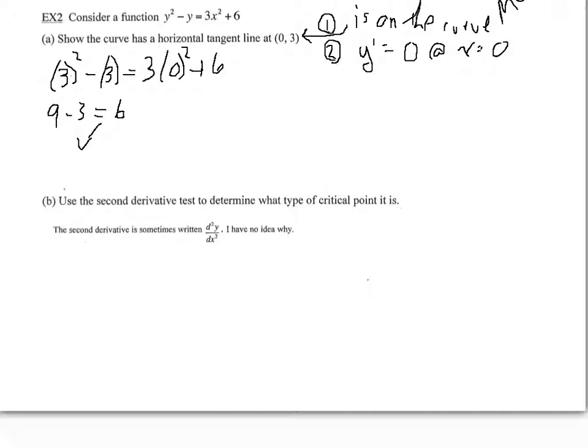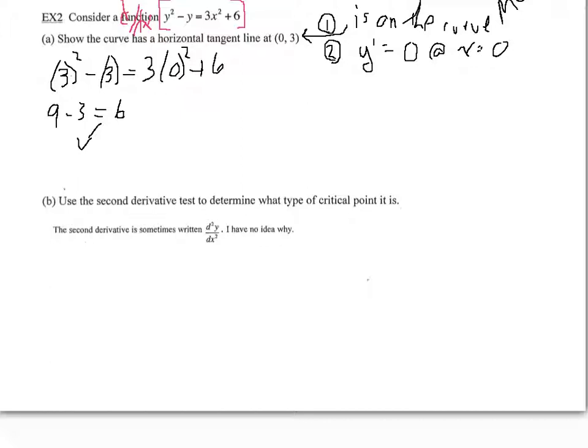In order to do that, I need to find the derivative of y, and I'm going to do implicit differentiation. I'm going to take the derivative of this entire equation with respect to x, and then solve for y prime, or solve for dy/dx.